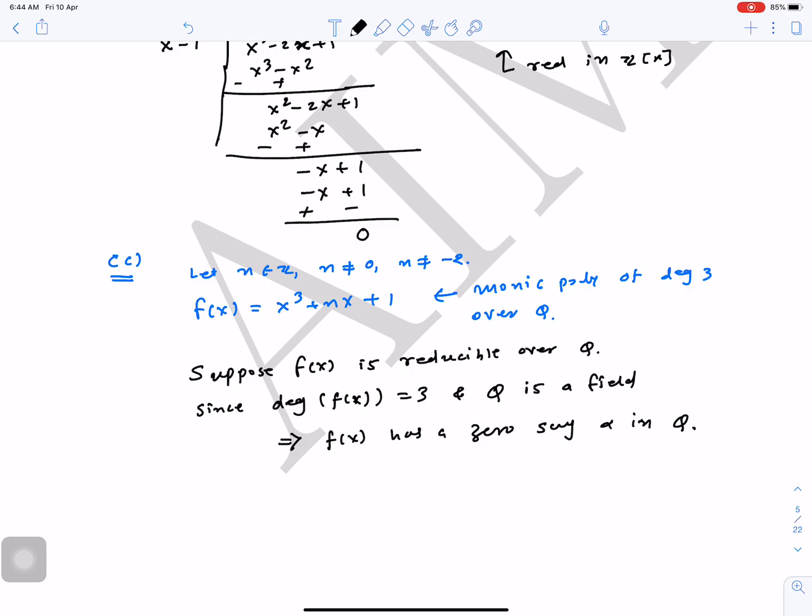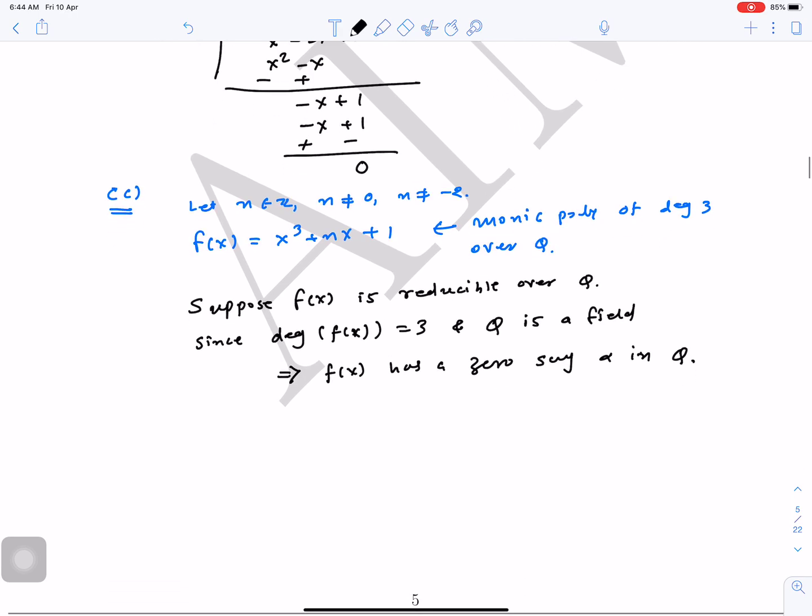So here degree of f(x) is 3, Q is a field, and it is reducible, so it must have a zero. Let me say that zero is alpha.